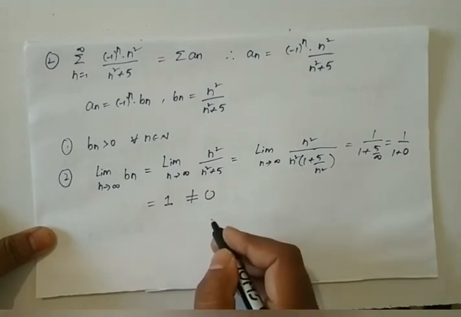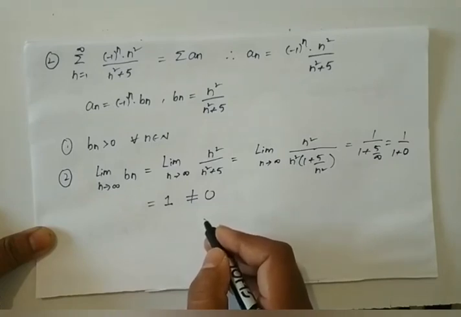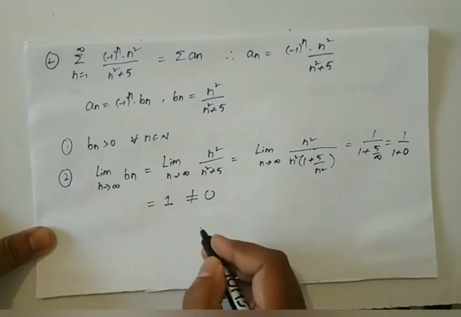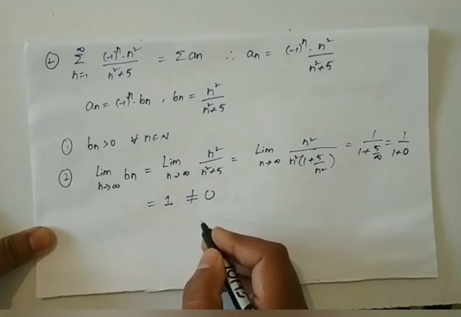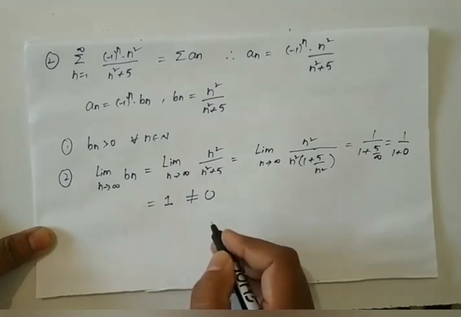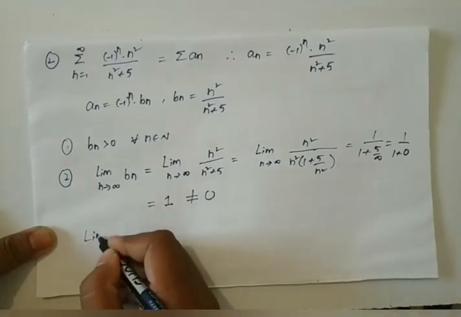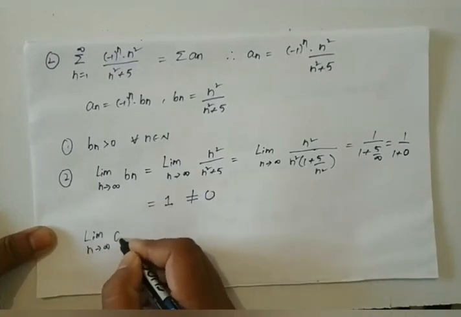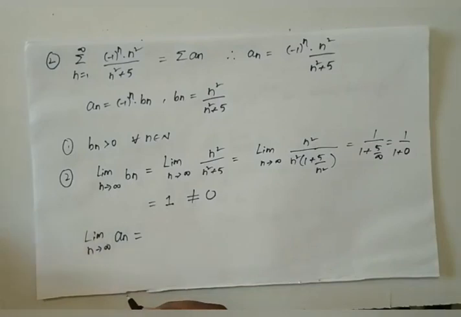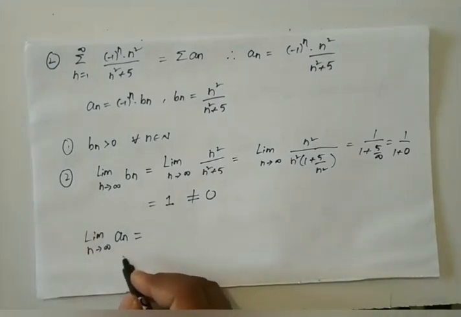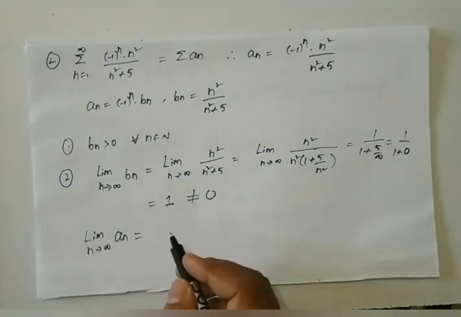Already we know that if the second condition is not satisfied, then we will go for the nth term divergence test. Now let us check the nth term divergence test. For this, we have to find the limit as n tends to infinity of an, because the second condition is not satisfied in the alternating series test.